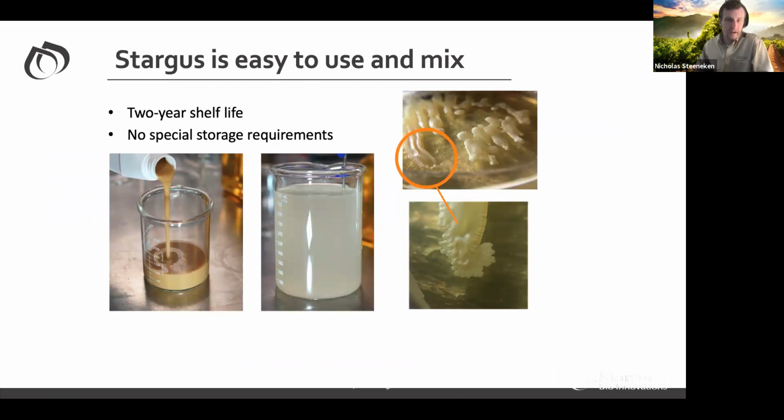So here we see it's very easy to use and mix, dissolves rapidly in water. And again, we can see the colonization up here on a Petri plate. So this was treated with Stargus, and you can just see the bacteria in Stargus taking hold here and colonizing that plate. And that's really what you're looking for when you want something that will prevent a pathogen from getting in your plant.